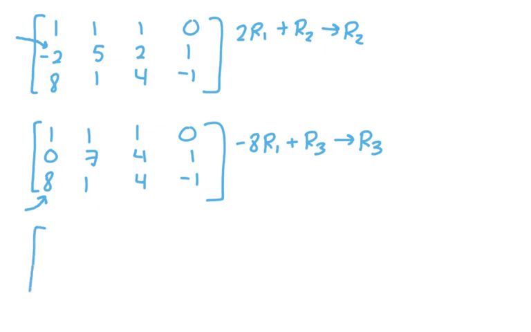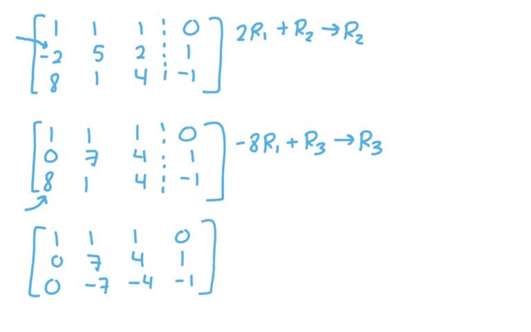So I get 1, 1, 1, 0, 0, 7, 4, 1. And I'm going to put these dotted lines here. And then in the third row, we get 0, negative 7, and then negative 4, and negative 1.